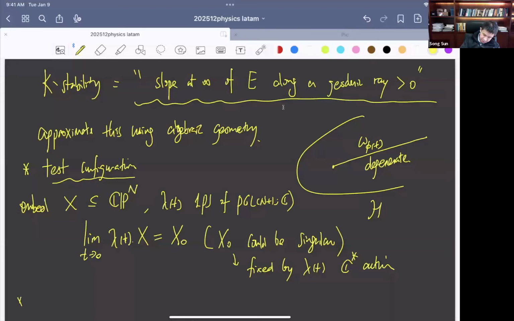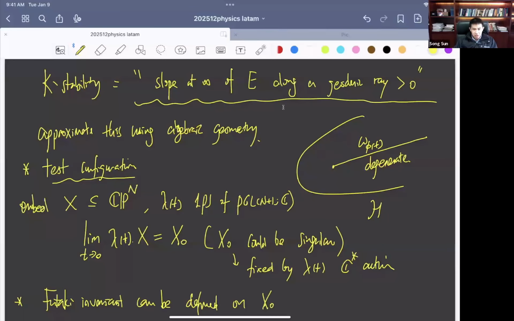And then for this, the Futaki invariant can be defined on X0. Okay, so this means it is a slope at infinity.